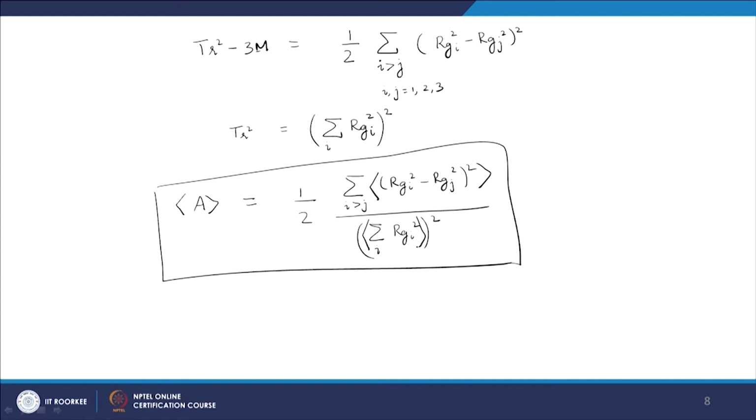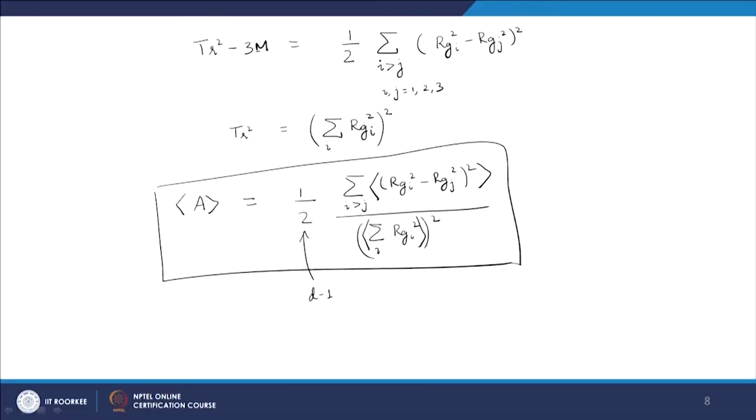Okay, so we can generalize it for a d dimension. So essentially, I can replace 2 by d minus 1 for d dimension, and we can show that this indeed works out. And now we can see how exactly it is a good measure.